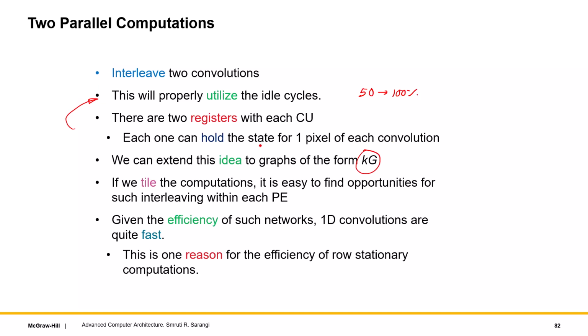Also when we are tiling, or doing multiple 1D convolutions as part of a 2D convolution, this can be done quite easily, right? And given that this approach aligns very well with the row stationary paradigm, a lot of designs are using such networks for implementing a row stationary architecture.